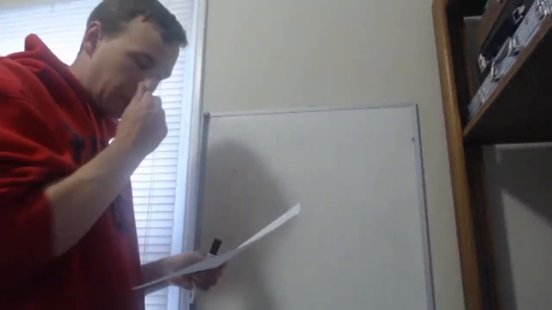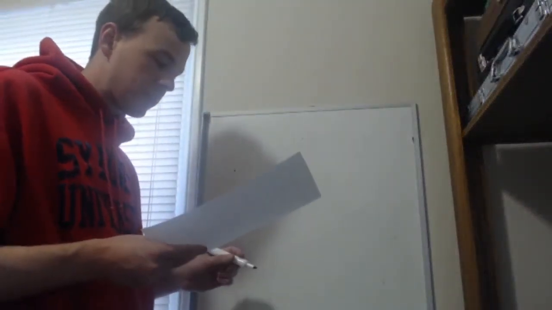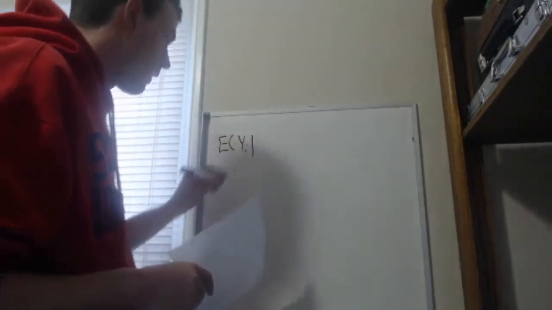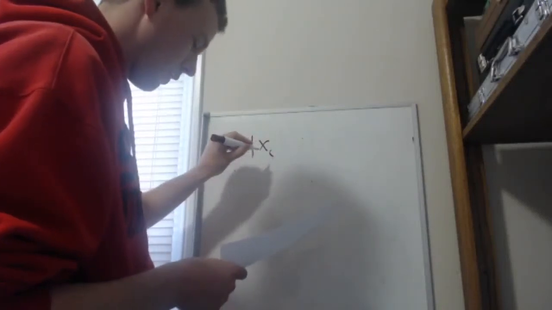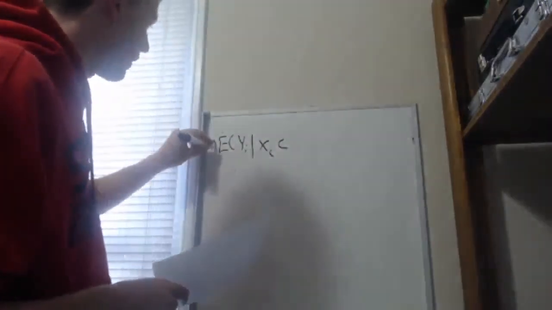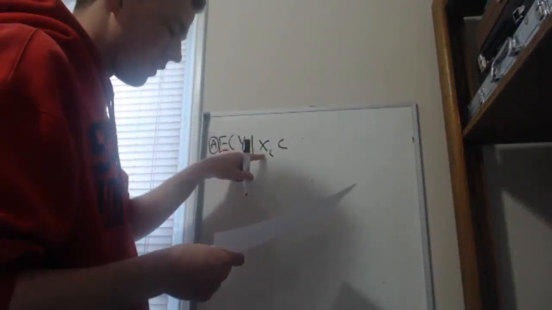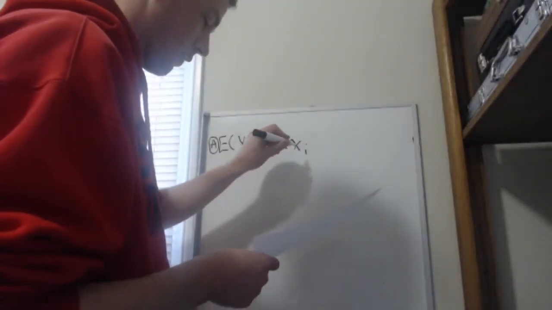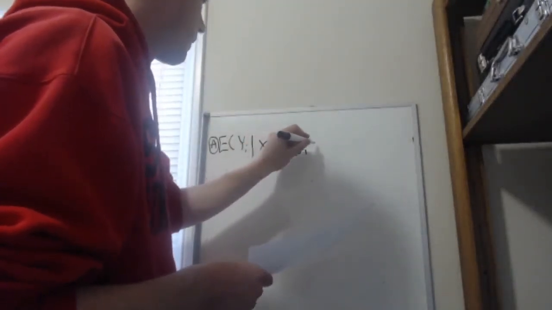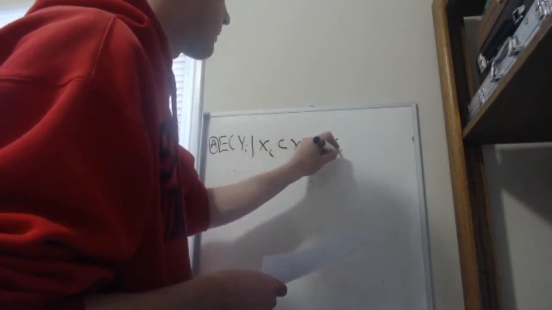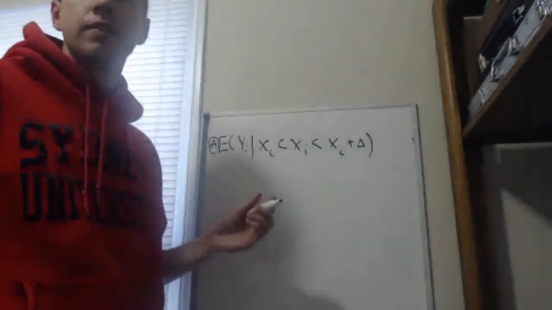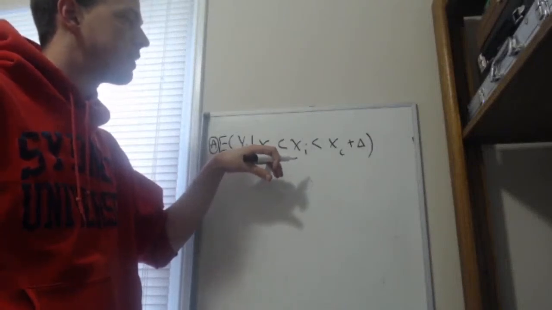Okay. So the theory behind regression discontinuity is that the expected value of Yi given that Xc is less than Xi is less than Xc plus delta, I'll call this equation A. Sorry, Xc is going to be the same as the cutoff here.